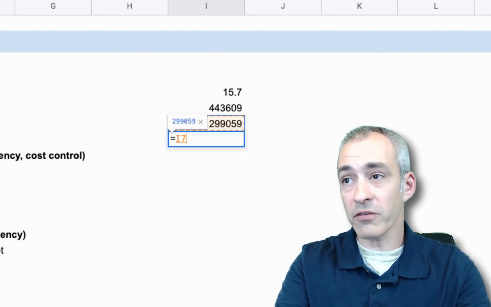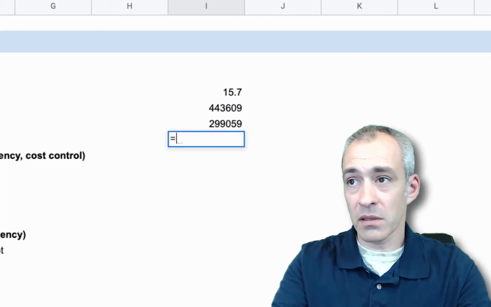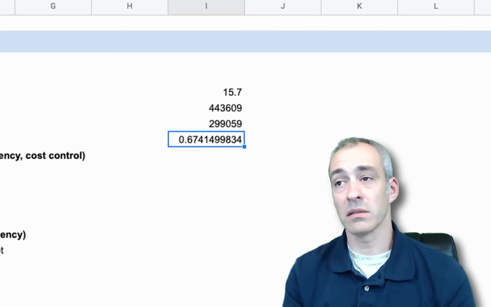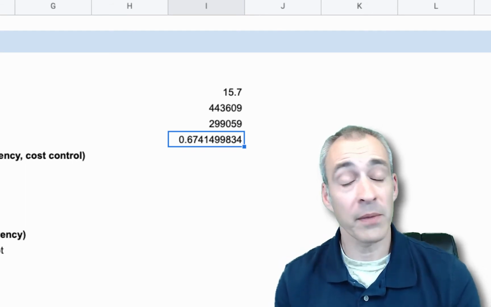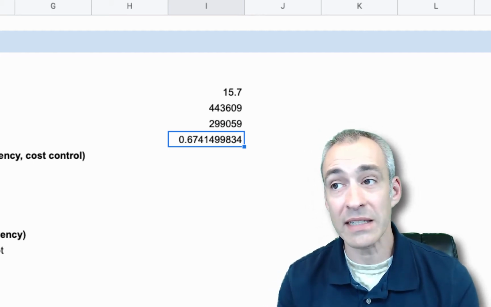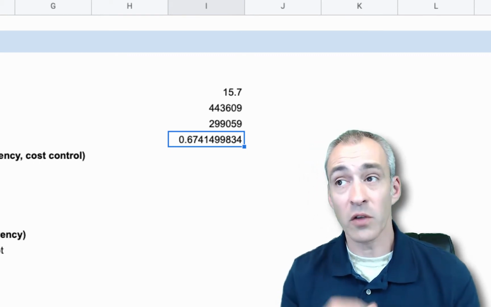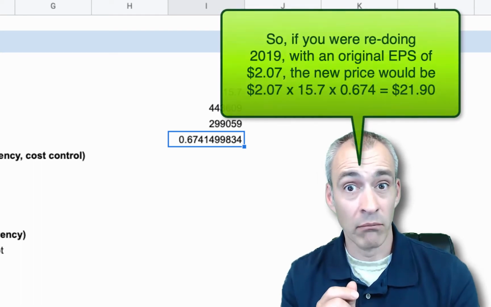So if the profit fell by this, this divided by this is a 67% reduction in profit. Sorry, it's a 33% reduction in profit, right? So the current profit is 67% of the original profit before this worst case scenario stuff that we did. So if the multiple stays the same, then the stock should fall 33%.